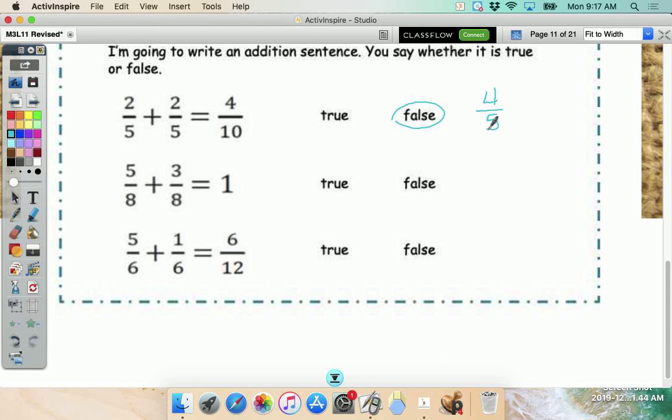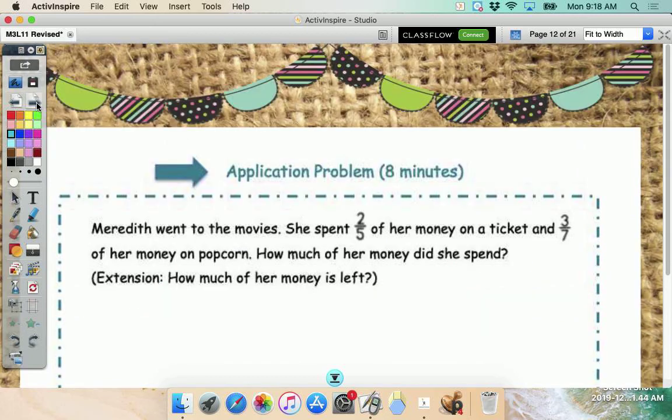The next one, Lillian, true or false? Sergio, true or false? What should the correct answer be? Yeah, it should be 6/6, which is 1. Okay, let's look at the next one.